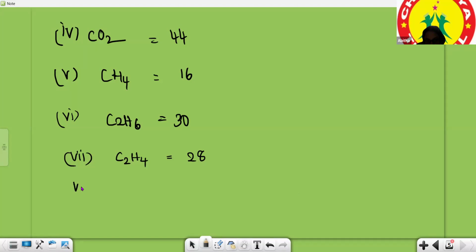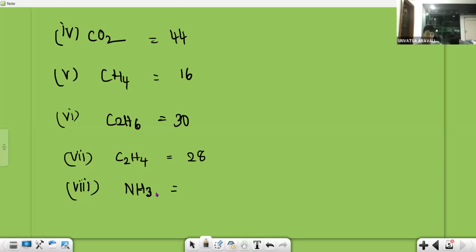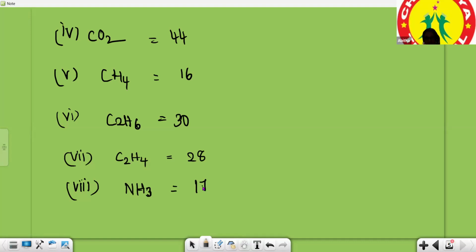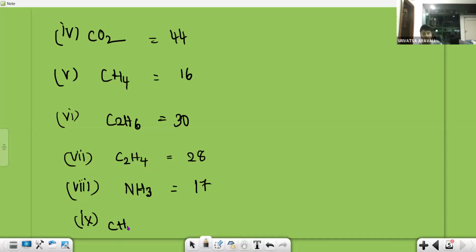Next, NH3. Nitrogen is an exception number, no? Nitrogen. Yeah. So it will be 17 only. Very good. Next, CH3OH.